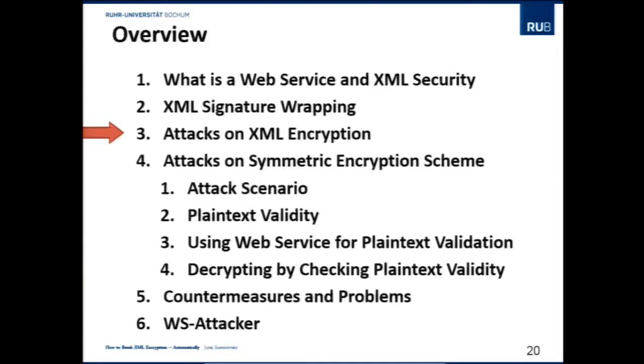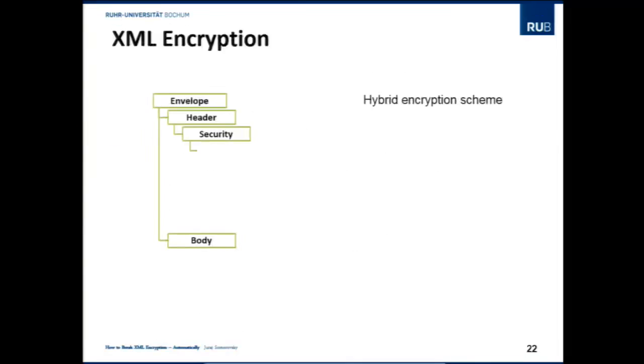Okay, so now we have some basics about XML signature wrapping and what the problems are. Now we are going to describe the basic ideas behind attacks on XML encryption. Typically, when we use XML encryption, we use a hybrid encryption scheme. If we want to encrypt data, we construct an encrypted key and an encrypted data element.